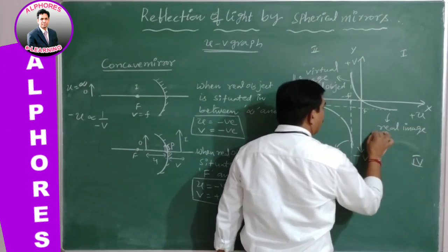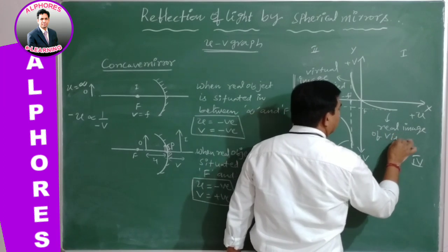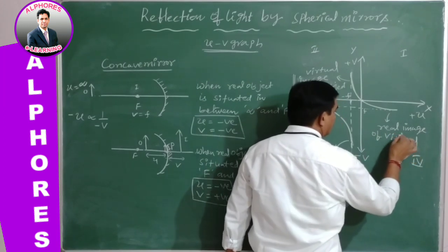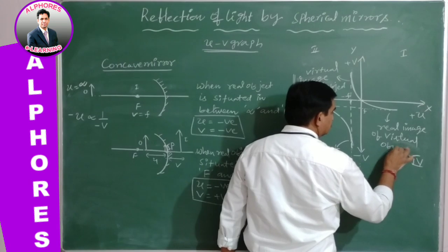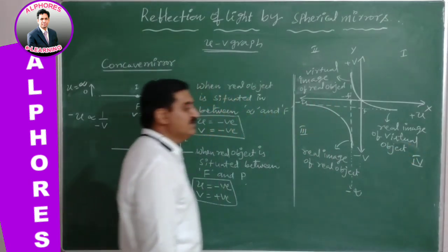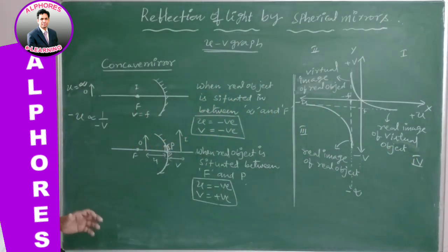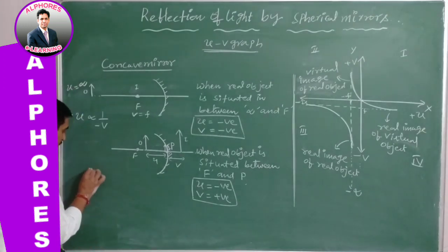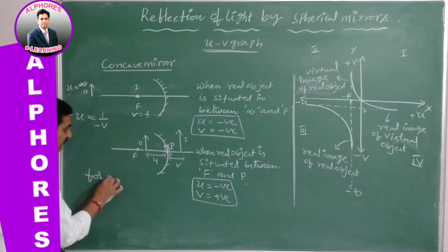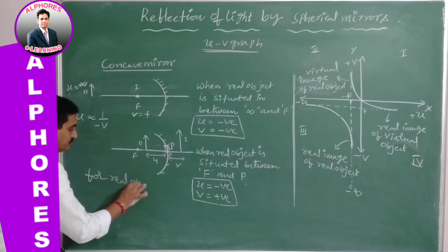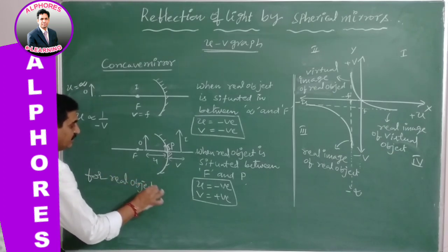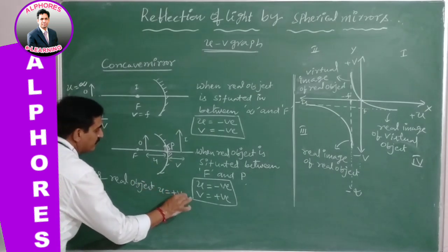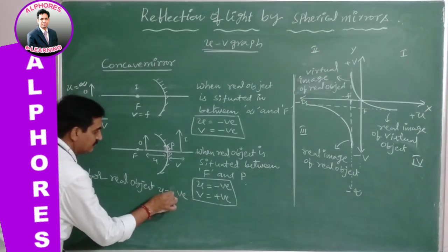Real image of virtual object. It is a real image of a virtual object. So how is it for a real object? For a real object, u is negative.